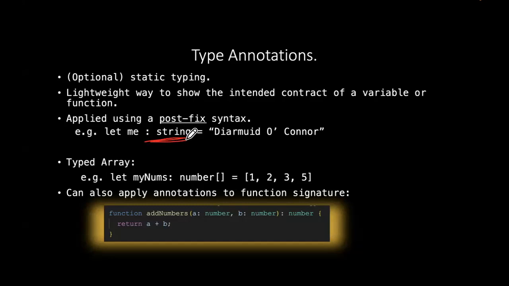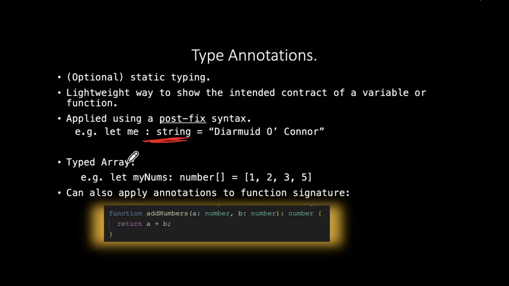And this is where we are stating what type this variable is. And so it looks like it's going to be of the primitive type string, which means now that we can only ever assign strings to this variable. And that's what we're doing over here. So the compiler is going to be happy with that. So in terms of the language anyway, this here is what's called a type annotation. So it's this postfix syntax as it's termed.